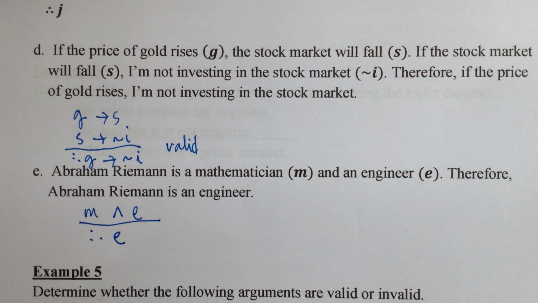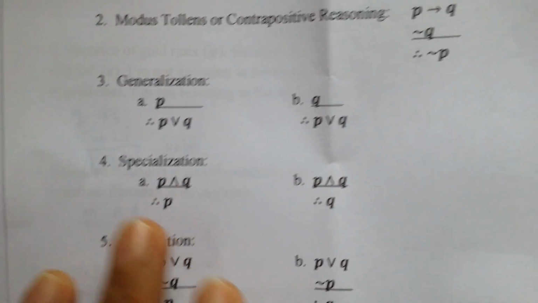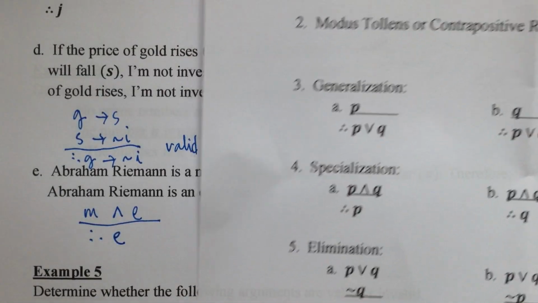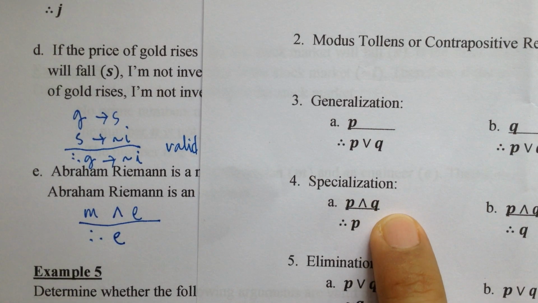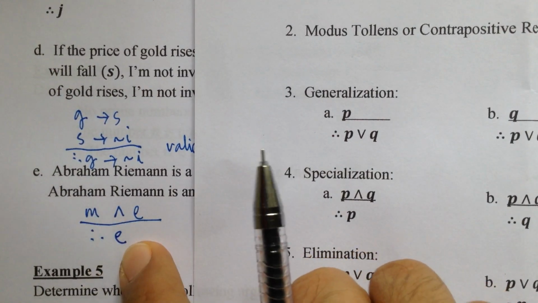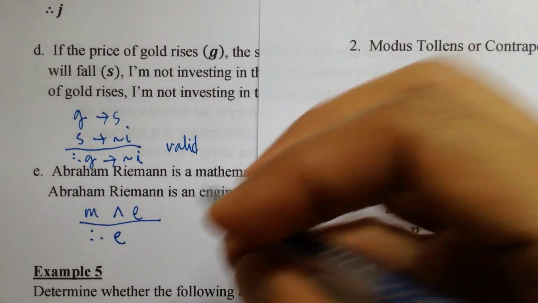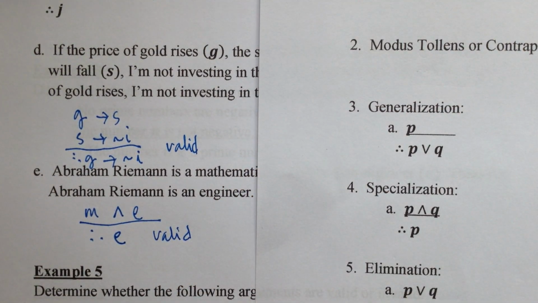Okay, what valid argument form is this? This is actually what we call specialization. P and Q, therefore P, or P and Q, therefore Q, right? So M and E, therefore E. So this is a valid argument.